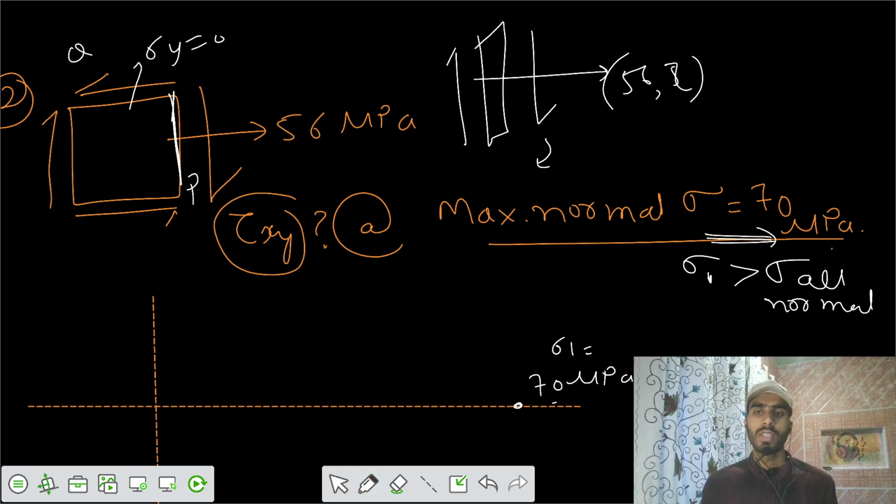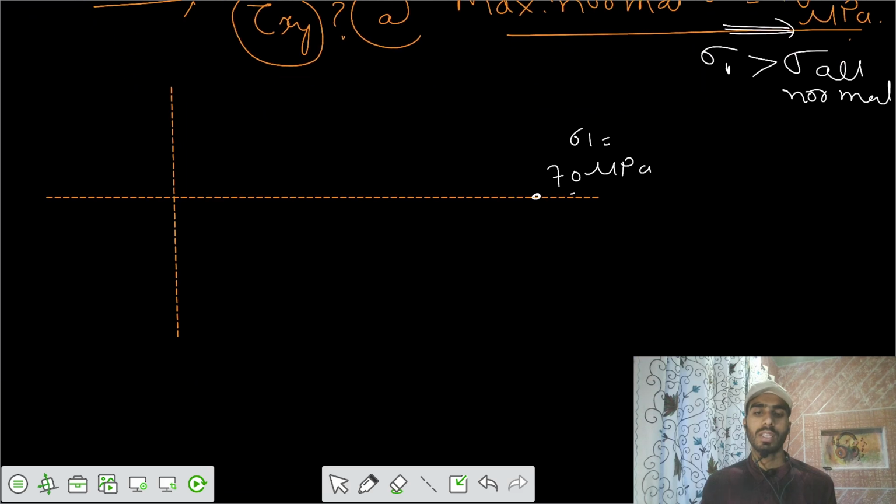So 56 comma tau you have to plot. Plane P, 56 comma tau, is somewhere here. And plane Q would be at an angle of 180 from this one, such that the normal stress value equals 0.